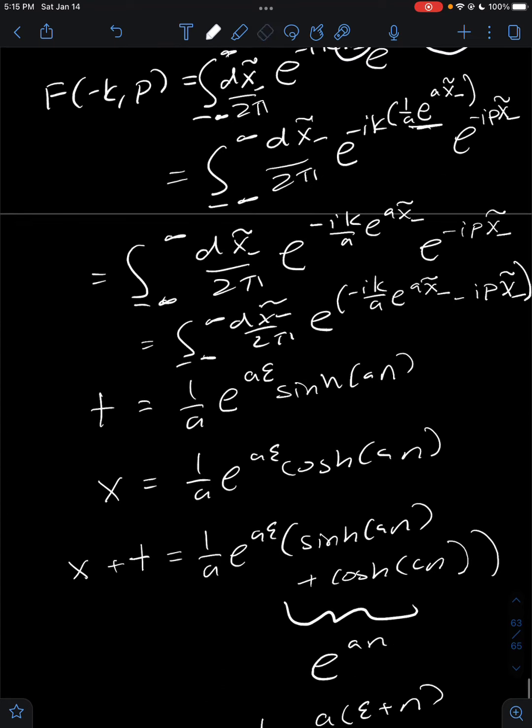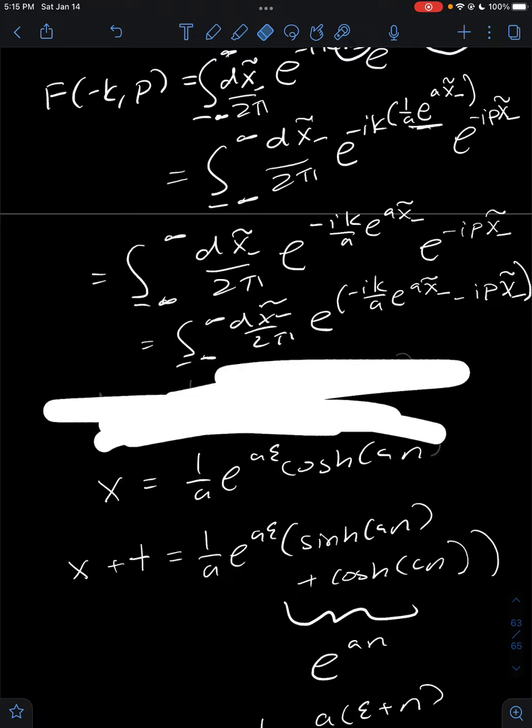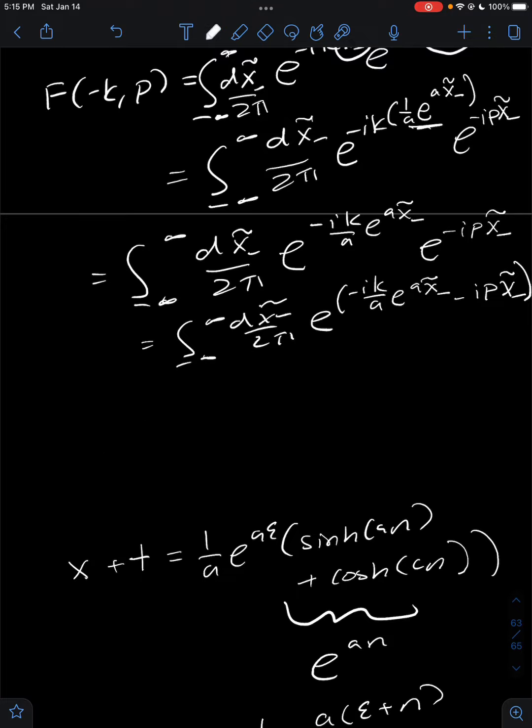So we can actually do some rewriting, and we'll see that this is going to be equal to an exponential. We're going to use exp instead of e to make this a little nicer to see.